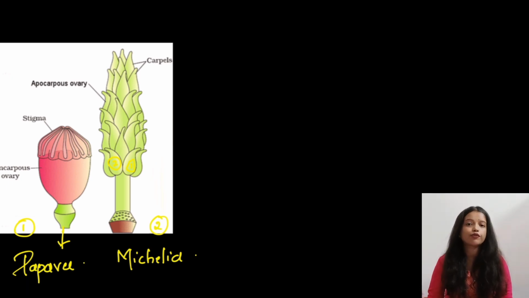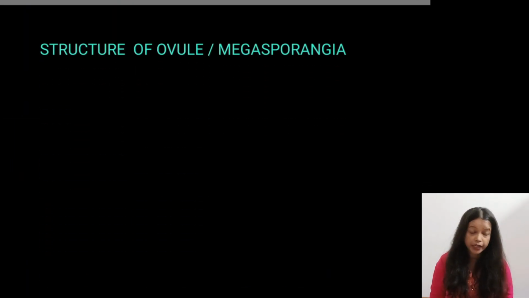So we have to further study the structure of ovule. Next is the structure of ovule, or megasporangium. So ovule is also known as megasporangium. Clear about this? Let's now draw the structure of ovule. First we'll draw the middle part of the ovule.